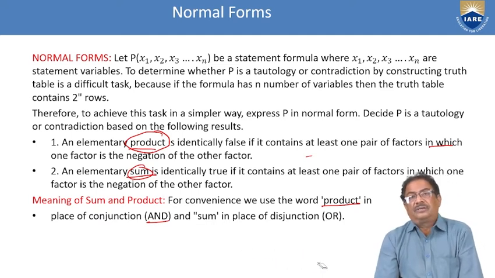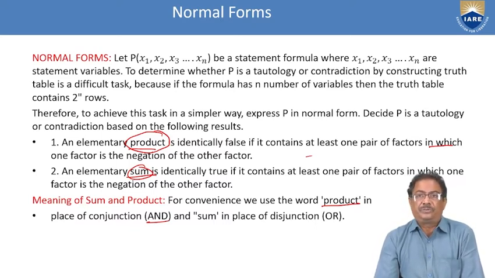So the meaning of sum and product: where AND is there, we call it a product of P and Q; where OR is there, P or Q, we call it a sum.